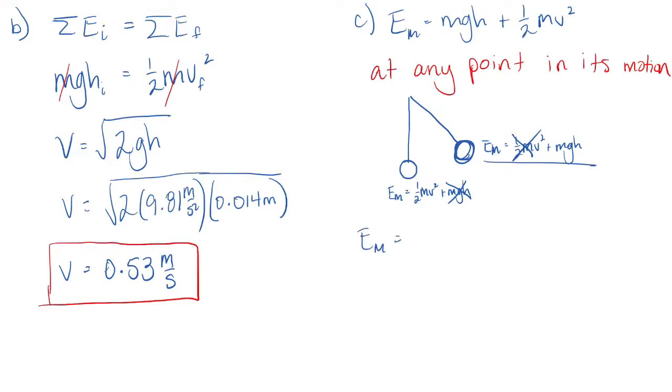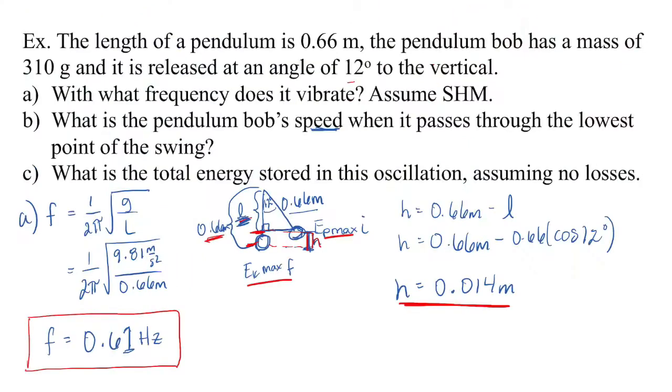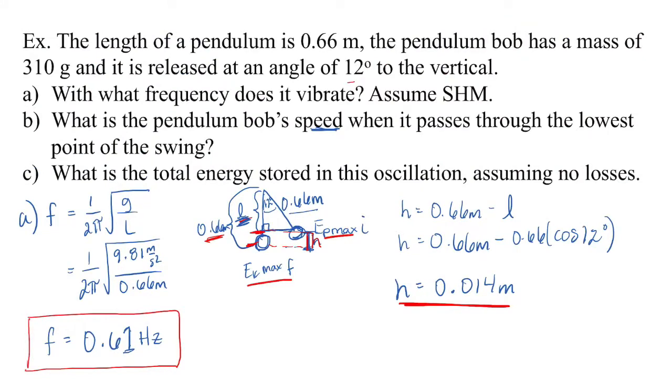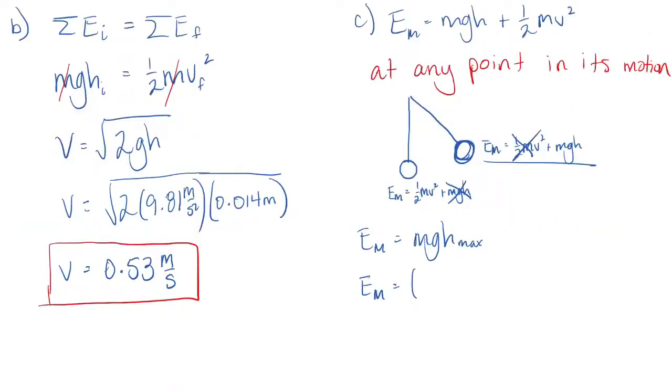So mechanical energy should equal, and this is the same as total energy, so mechanical energy should equal just mgh, okay? And that's, of course, height when it's at its maximum, which we found to be 0.014 meters. So that works really well for us, okay? So that's all we're going to do. And what was the mass again? It was 310 grams.